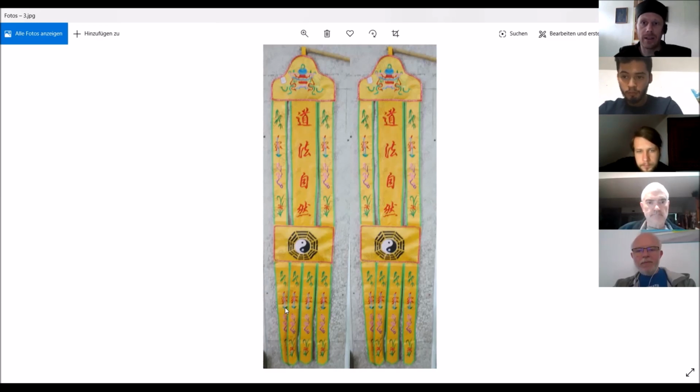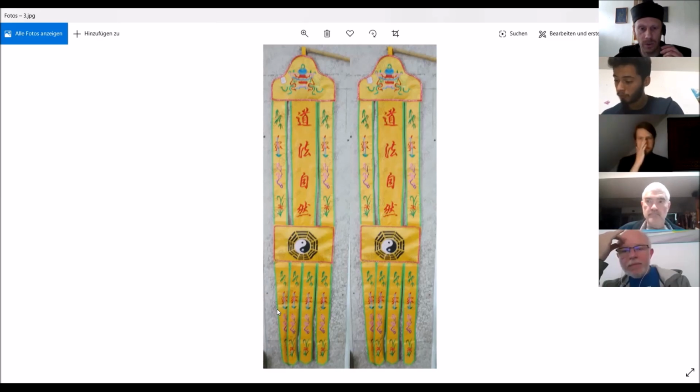This flag can also be made of paper. If, for example, you don't have this flag and you need it for your ceremony, you can make it from paper, just for the ceremony. There are books and also tradition and research on the use of these strings. There is a way of the deity communicating with the Daoist priest through this.